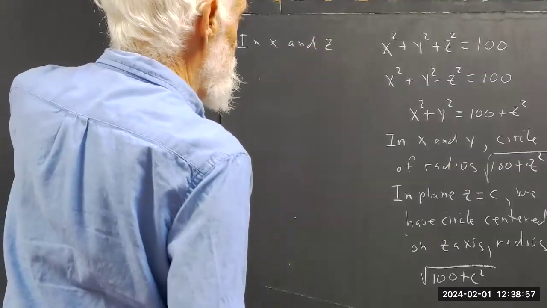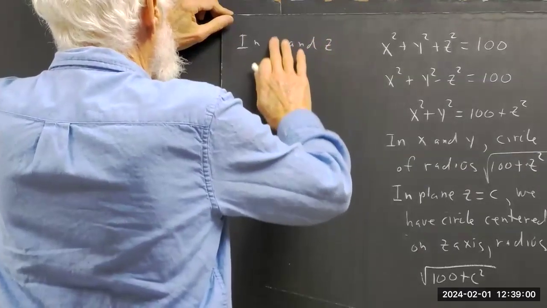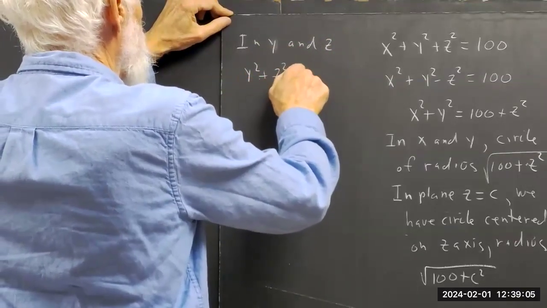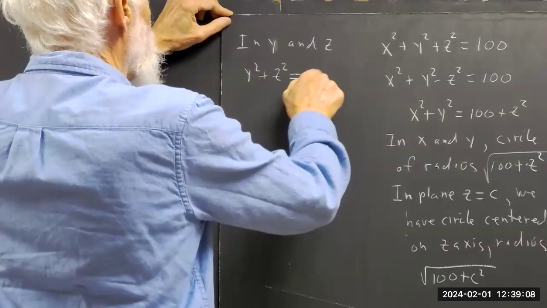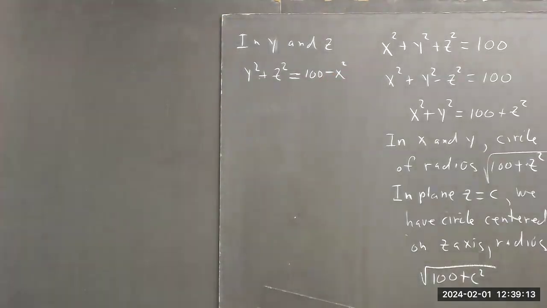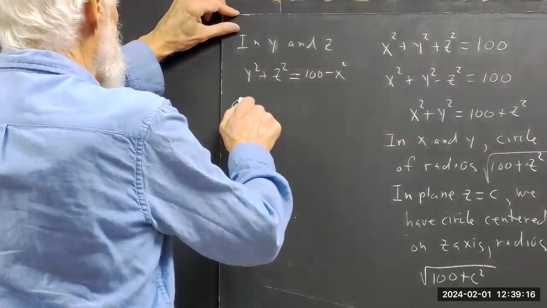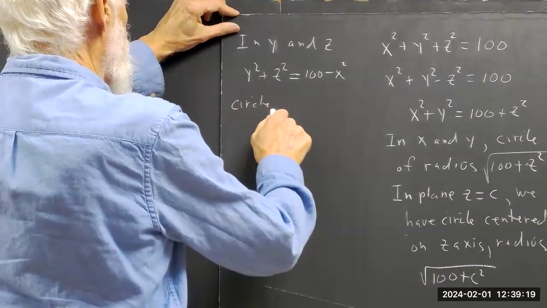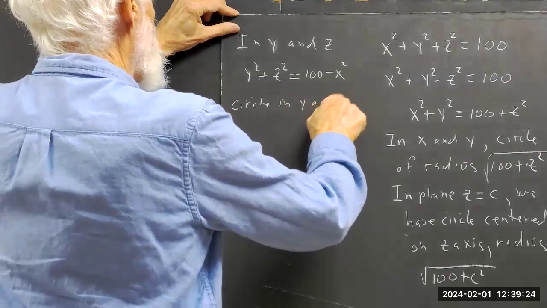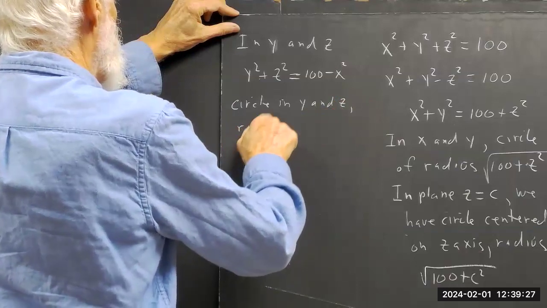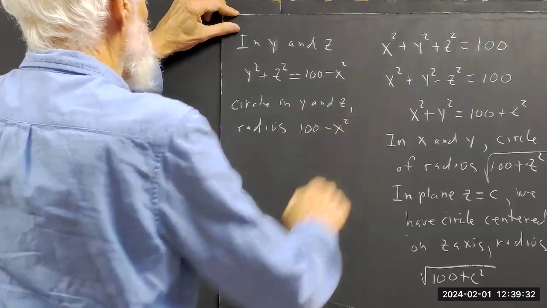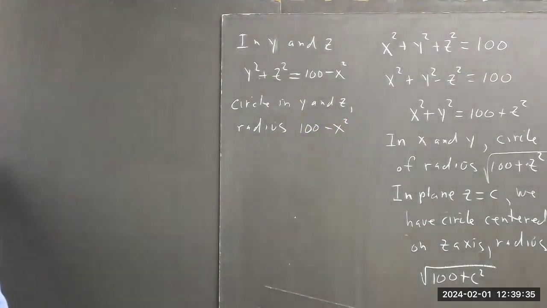Let's say we'll do it in y and z. We have y squared plus z squared equals 100 minus x squared. Okay. This is a circle of radius square root of 100 minus x squared.